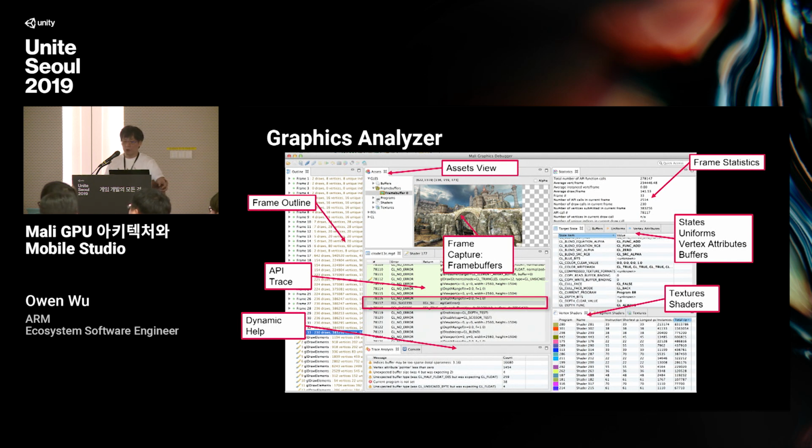Outline view shows all the frames and the draw calls that are rendered. And we can select any draw call, or in fact any API call, and see the state of the application at any point. The graphics analyzer offers full visibility of GL state and assets, including vertex and fragment shaders, textures and buffers, uniforms, and vertex attributes.